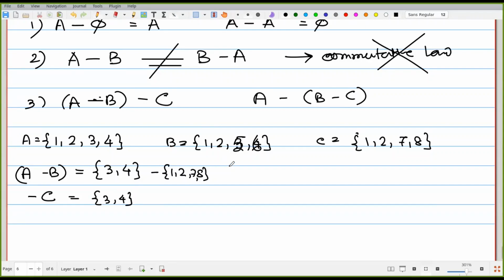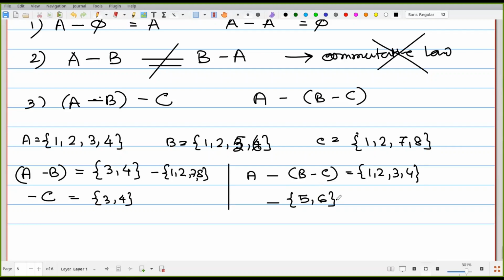Okay. Next one, the right hand side. A minus B minus C. So at first A is written 1, 2, 3, 4 minus, then B minus C, that is becoming 5, 6, 1, 2, 7, 8. So it is becoming only 5, 6.